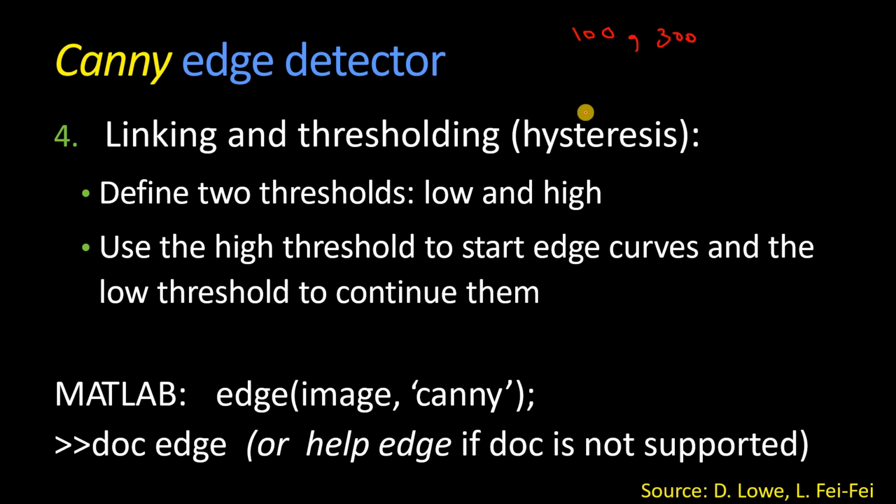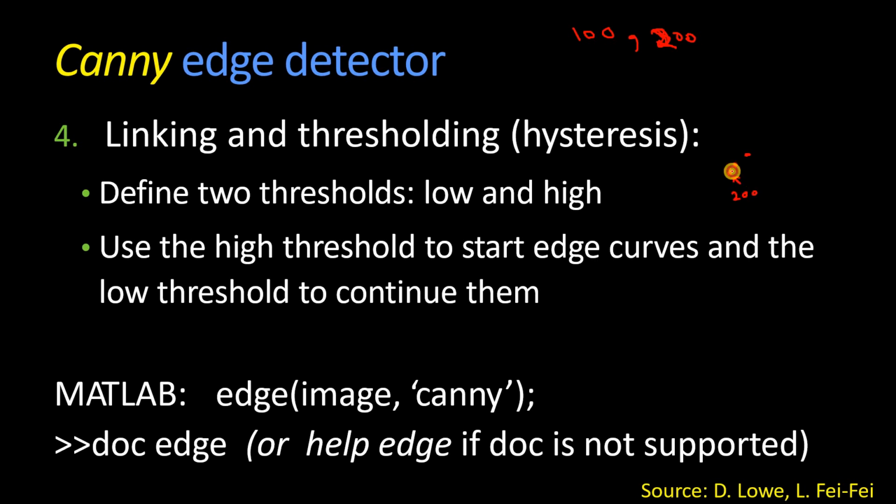The edges will have a value over there, and that value you will compare with this. You will start an edge if the pixel value is higher. Depending on the values given here, maybe here I use 200, the high threshold value will tell me that I start the line over here, because the pixel value is 200.